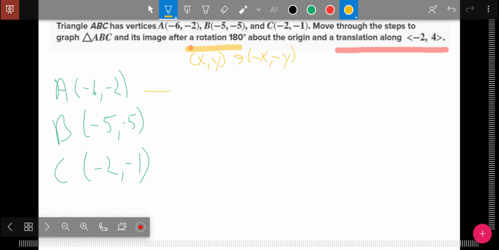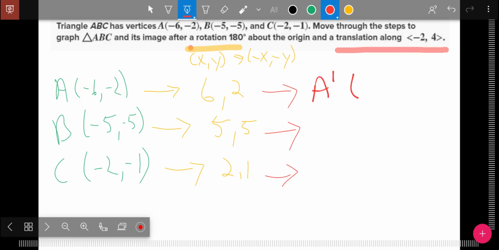And so this becomes (6, 2). This becomes (5, 5). This becomes (2, 1). They all became opposite. And then I'm going to do the translation along the vector. And so the new A: 6 minus 2 is 4. 2 plus 4 is 6.